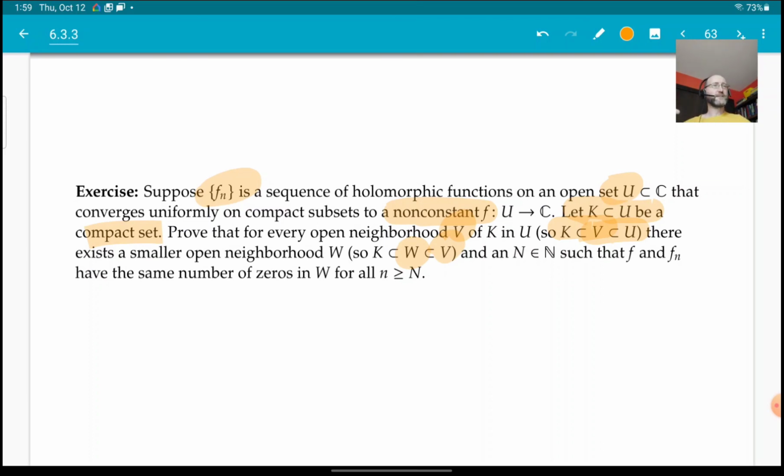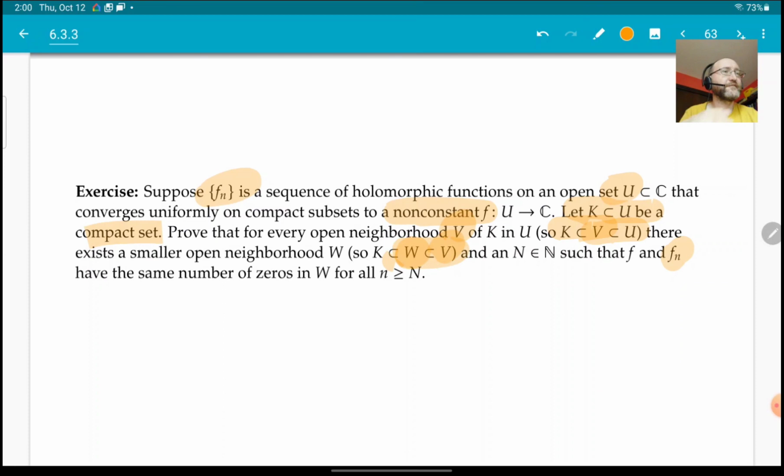Basically, the zeros cannot move far from a compact set eventually. If I go far enough in the sequence, they couldn't have moved too far. Another way of thinking about it: I perturb f a little bit, and the zeros stay near K. And how much am I allowed to perturb?